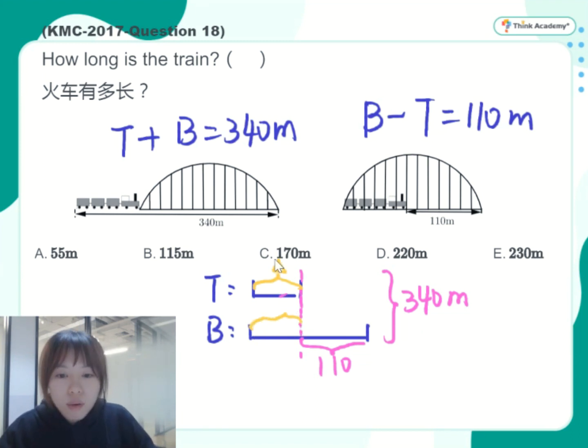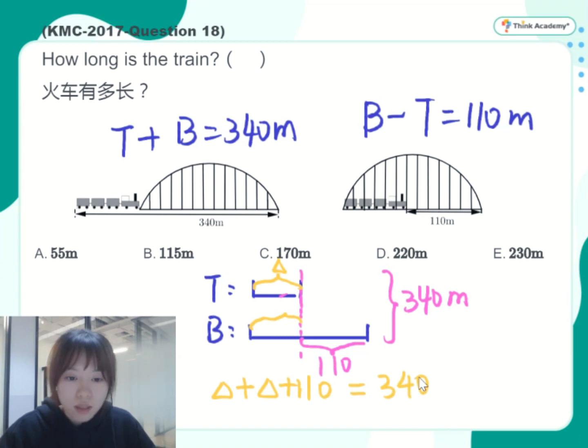We can use a rectangle to represent it for us to write the working down. For this whole picture, one triangle for the train, I will write down here, and for the bridge is triangle plus the difference, 110. The sum, 340 meters.